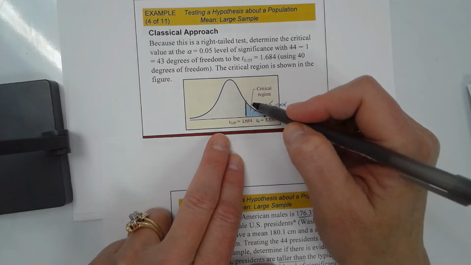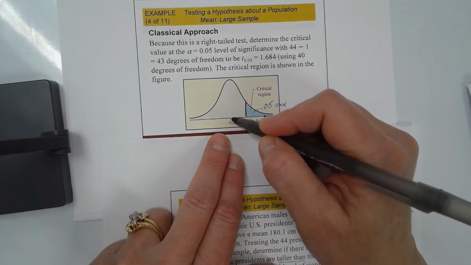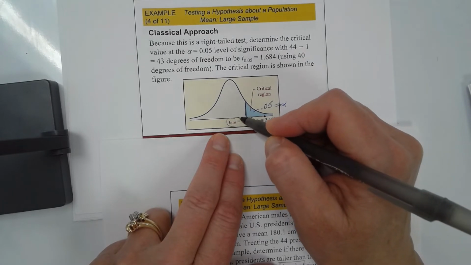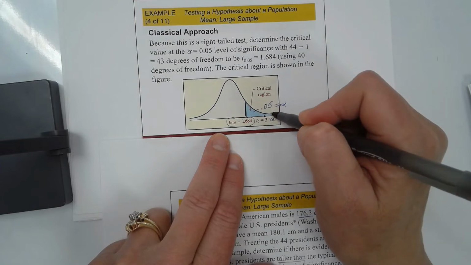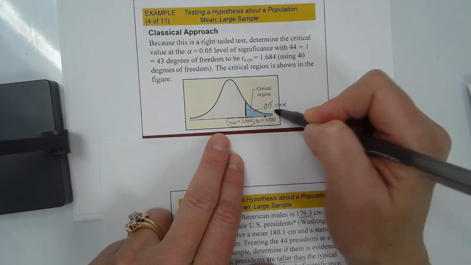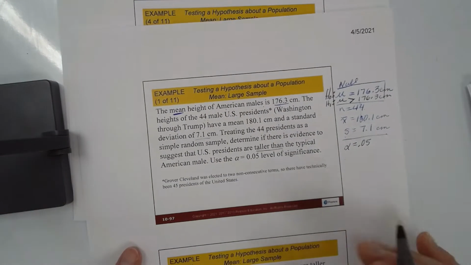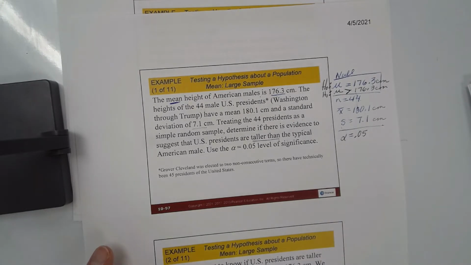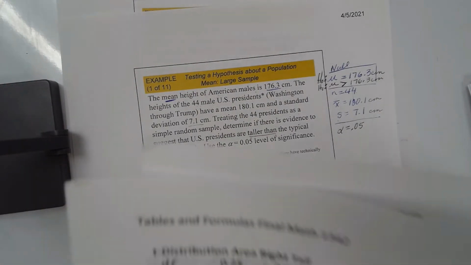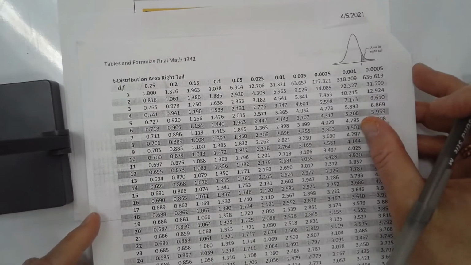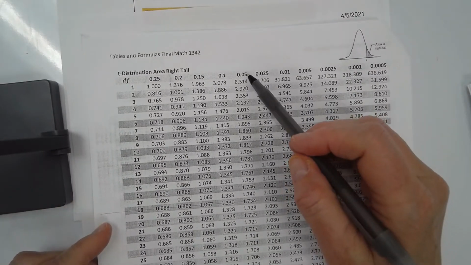Then we have to figure out what this t is down here. If I know the area to the right is 0.05, and what is my n? 44. So use your t table. Area to the right is 0.05.